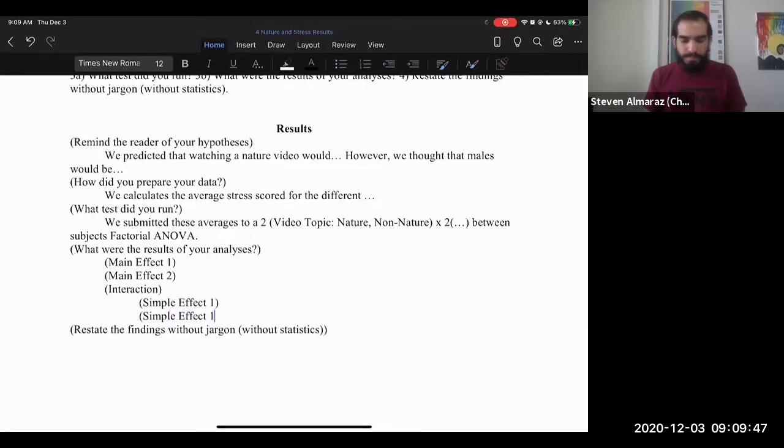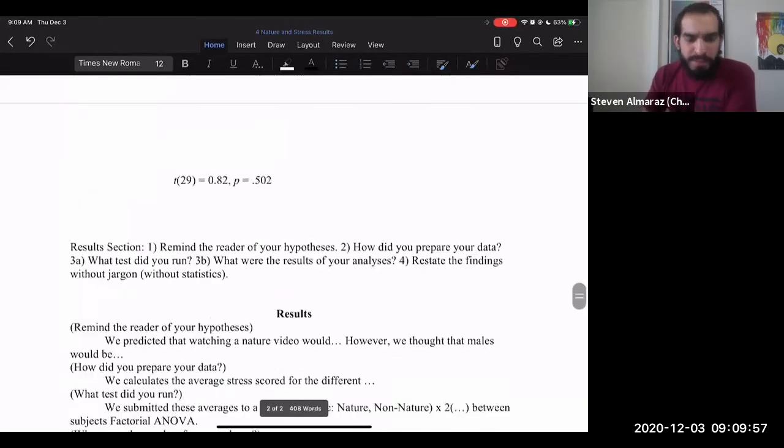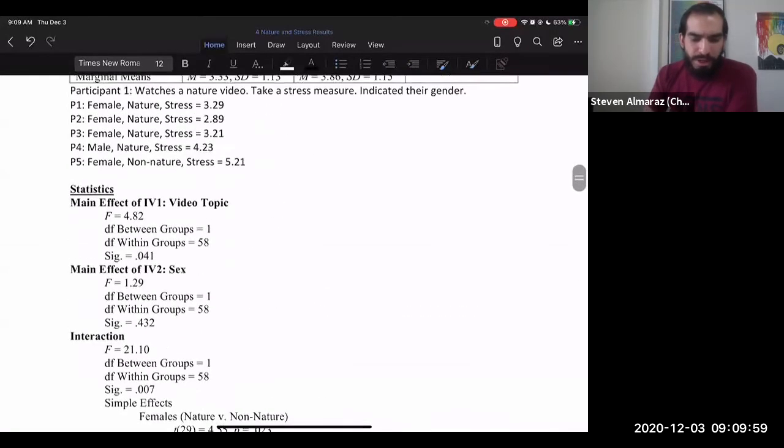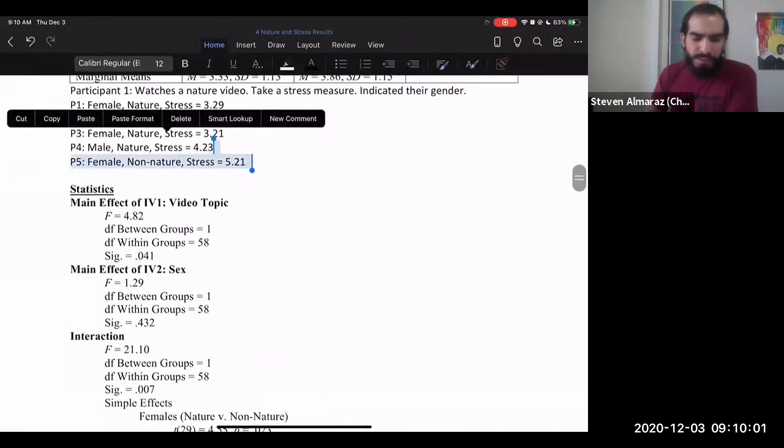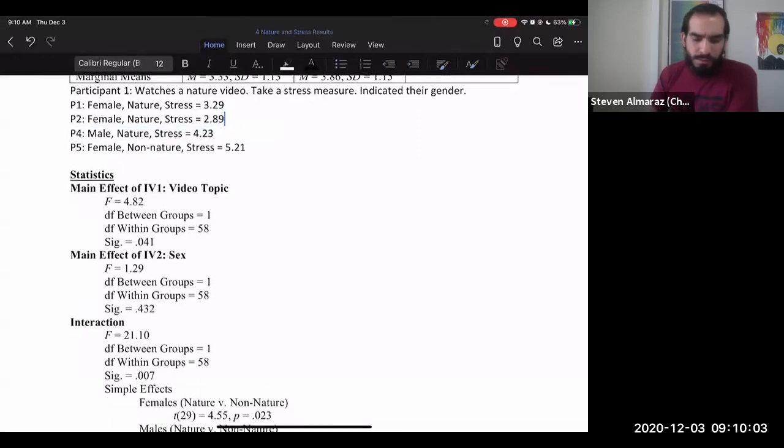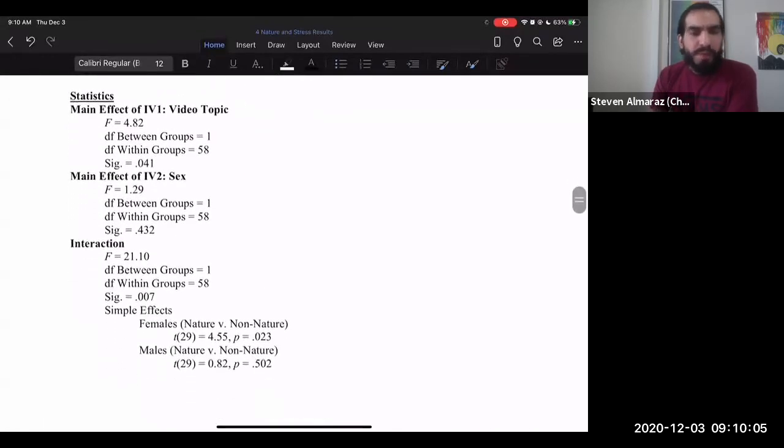Okay, so there's 5 different sections of what were the results of your analyses, and these 5 different sections are aligned perfectly with the 5 pieces of data I gave you.